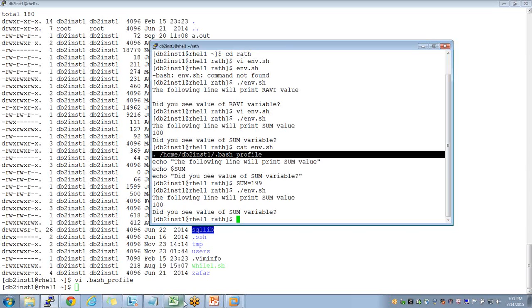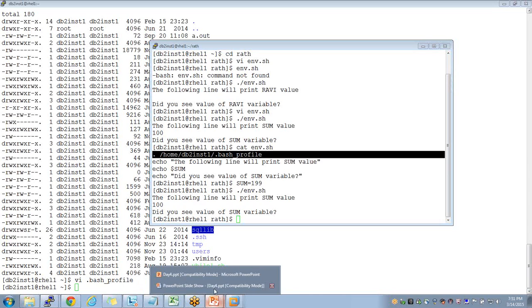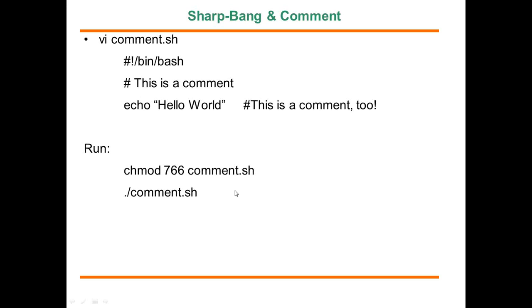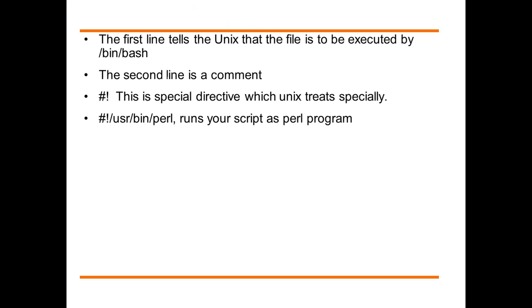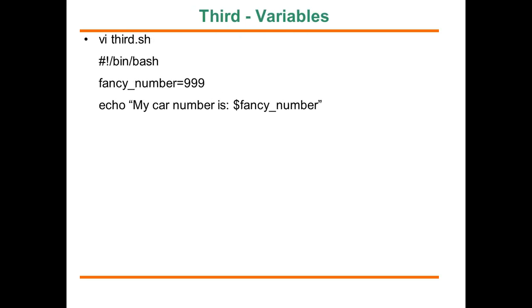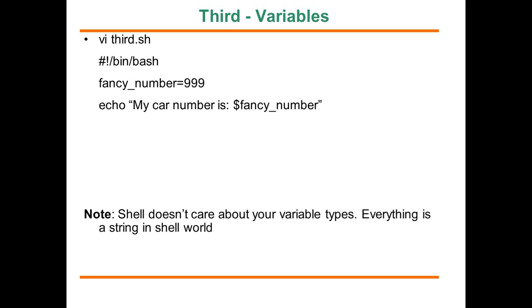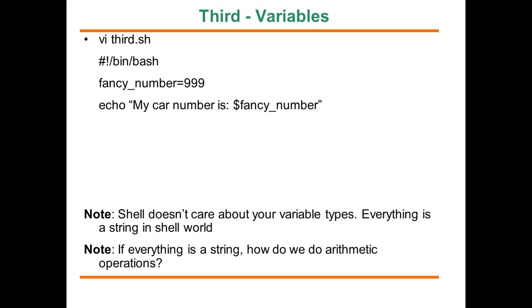Perfect. Now let's go back to where we started. In this example, the third example, third.sh, I'll be trying to introduce you to a concept called assigning the variables, declaring the variables basically. How do you store stuff?